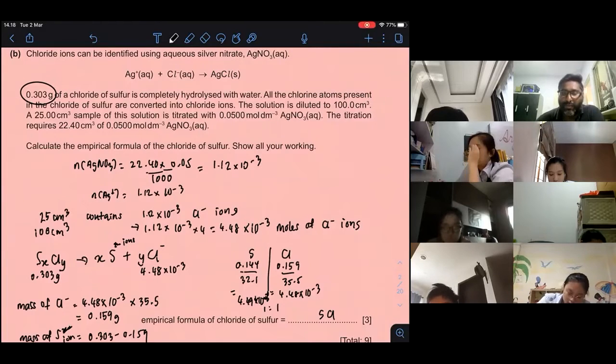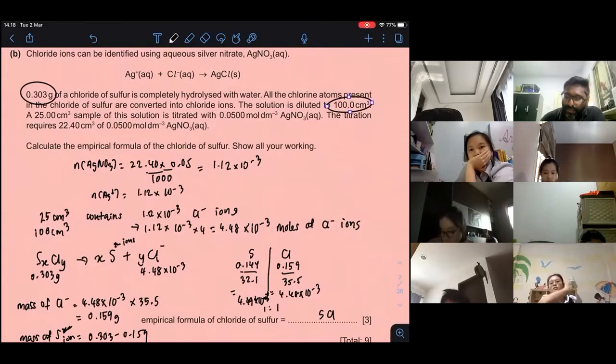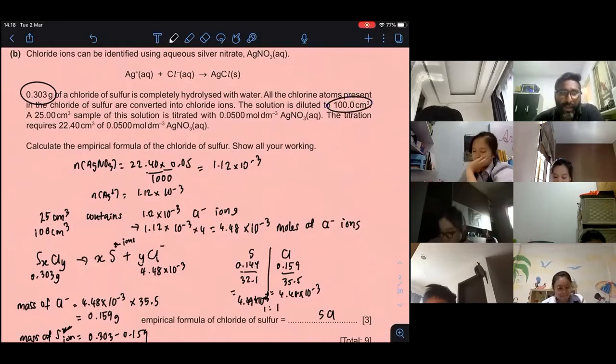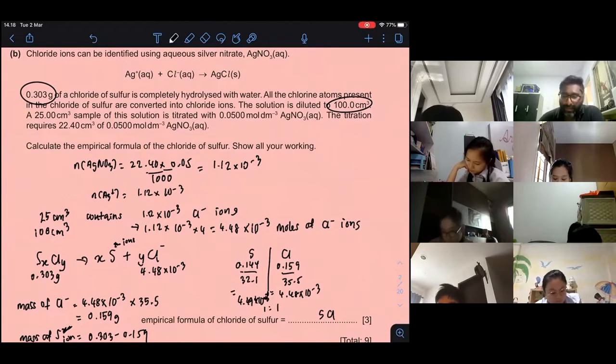Then the solution is diluted to 100, so it means you have 100 cm cube of this sulfur chloride, and then 25 cm cube is taken. So please take note, you don't take everything, you took only 25. 25 is titrated with 0.5 mole per dm cube silver nitrate. And then they have these results with silver nitrate.